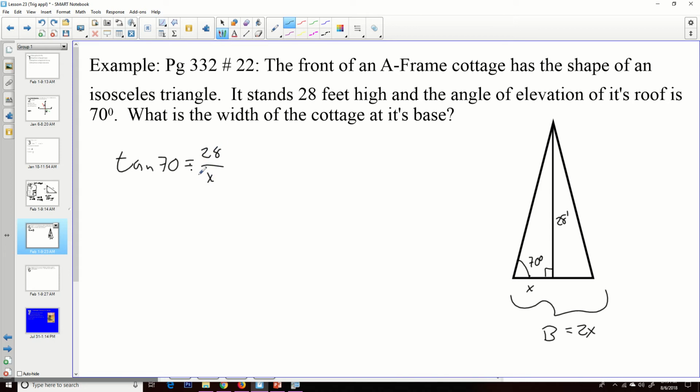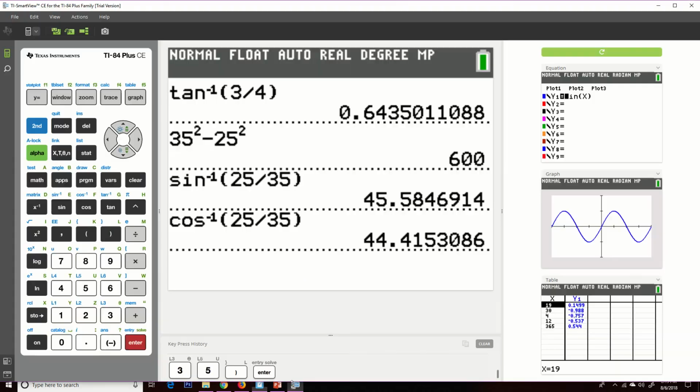And remember, if you have an expression like this, you can take the X and the tangent of 70 and just switch them. So X equals 28 over the tangent of 70 degrees. Grab our calculator: 28 divided by the tangent of 70.